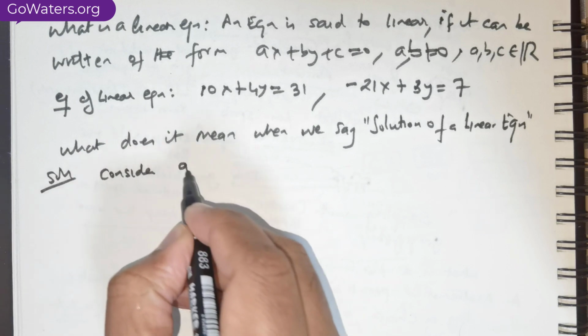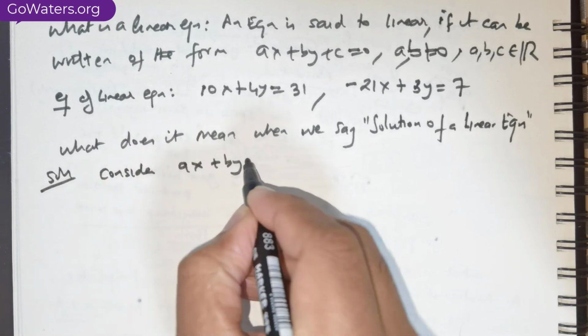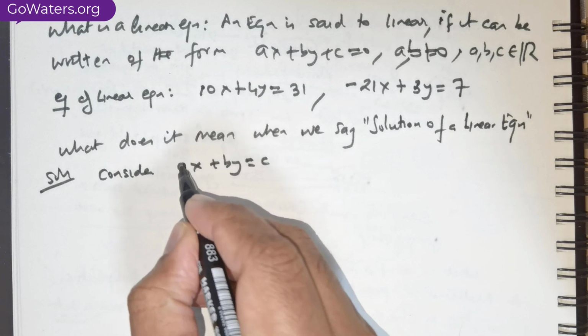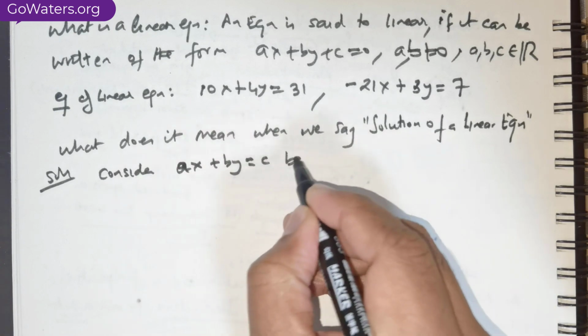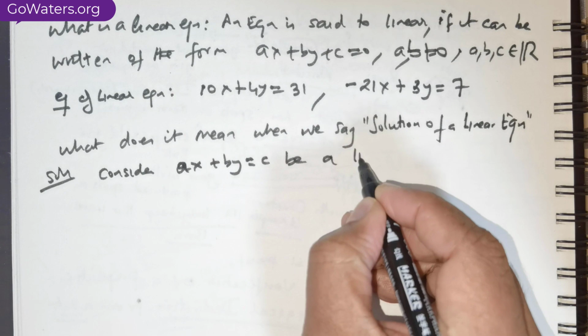Consider ax + by = c to be a linear equation.